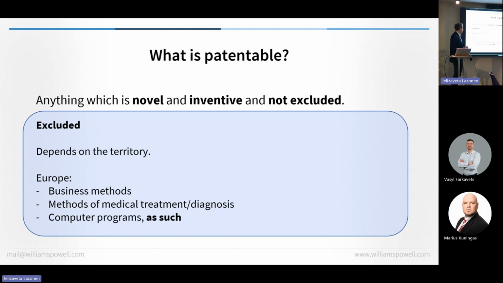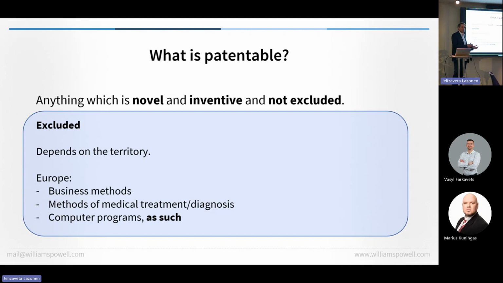And then also a big area of exclusion is the area of computer programs. I won't go into this in too much detail. I don't know how many people here might work in the world of software, but it can be a misconception that software can't be patented. It can be, it's just the way that it's framed.